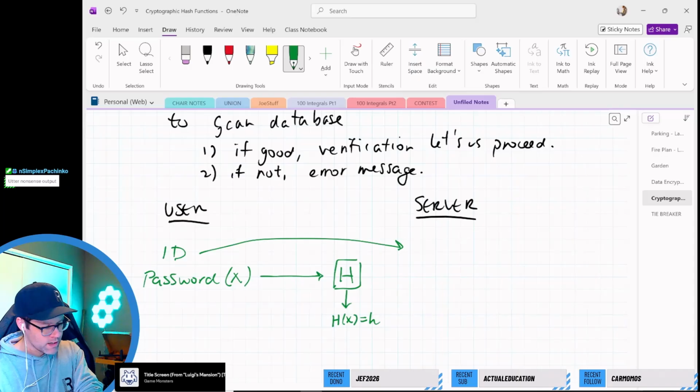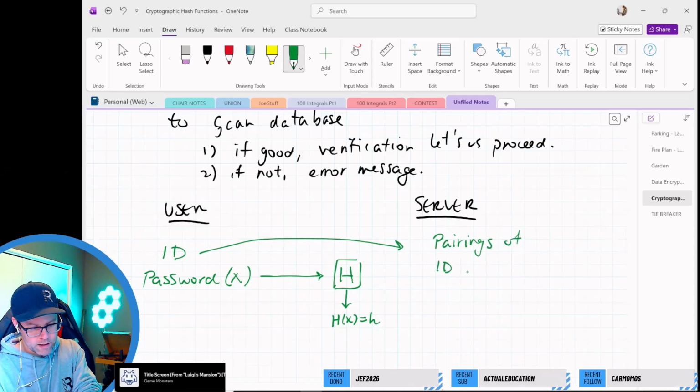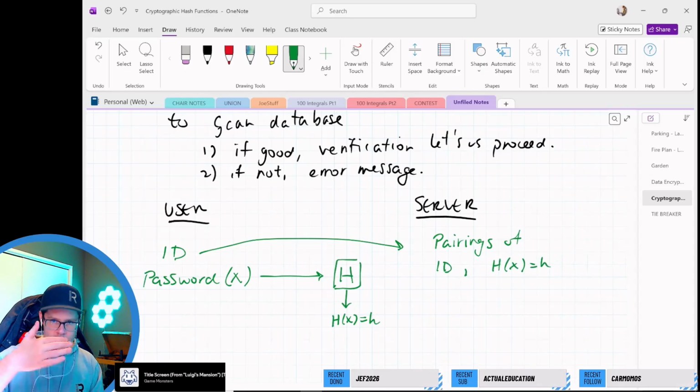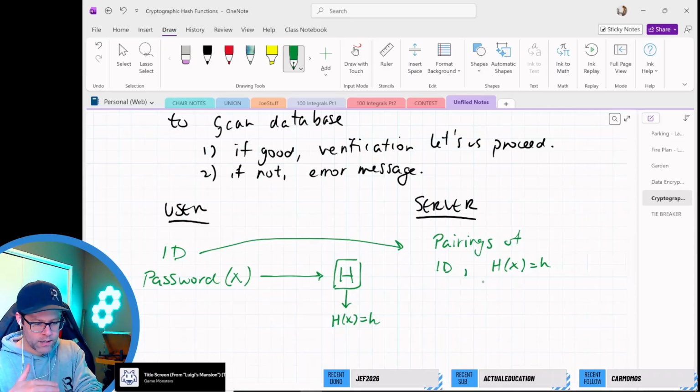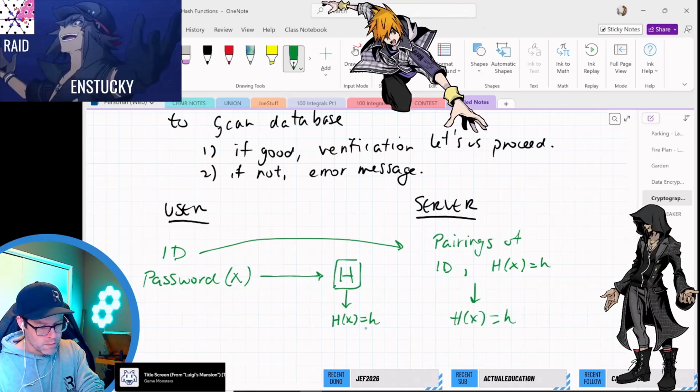Over on the database side, the database is probably going to have pairings of ID and these hashes. So it's going to go through with the ID and try to find that ID in the system. Once it finds that ID, it's going to return back this hashed value. And then there's going to be some kind of verification check here.